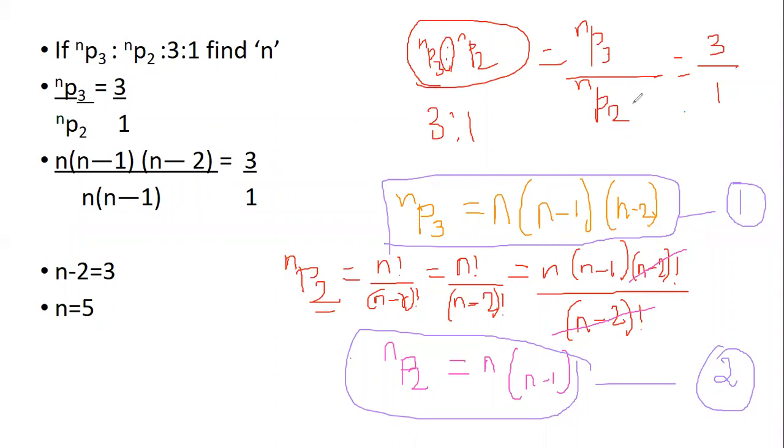Understood? Everybody understood this step? Since we have ratios, we are converting that into the division part. Everybody understood? I don't see few of them answering.